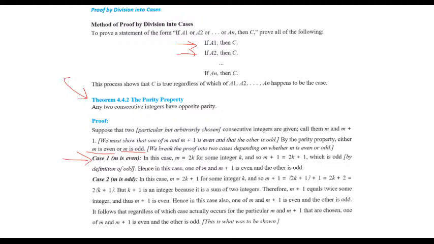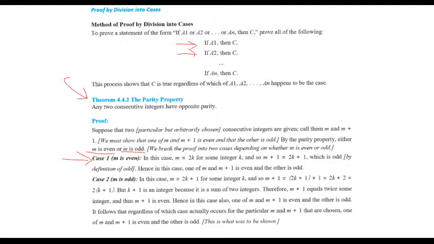So we proved the conclusion for the first case, but we are not done yet, because there are two cases, either m is even or m is odd. So we are halfway through the proof, but we are going to prove the next half, right?